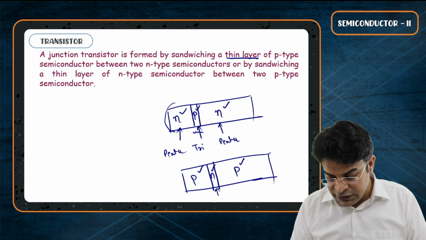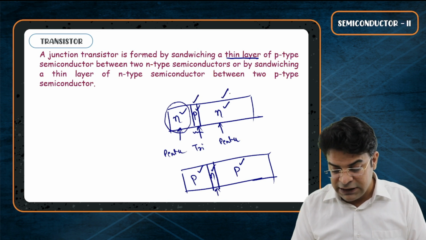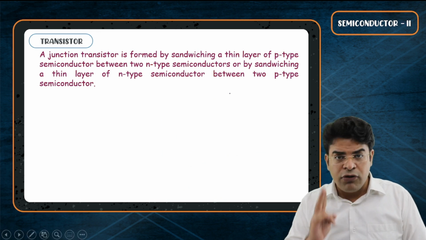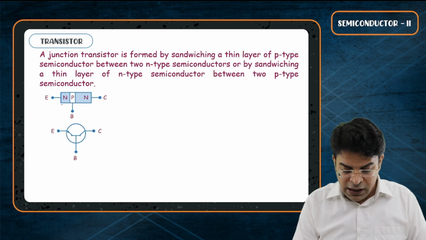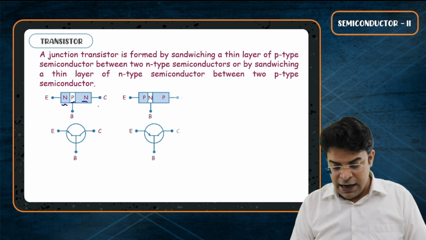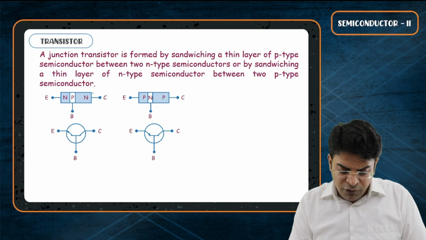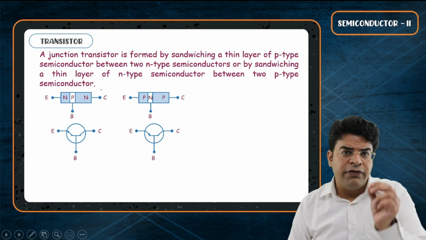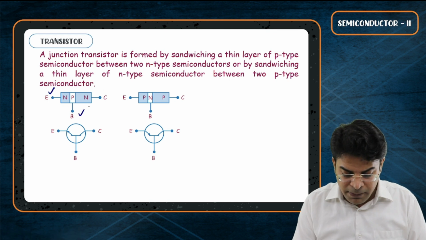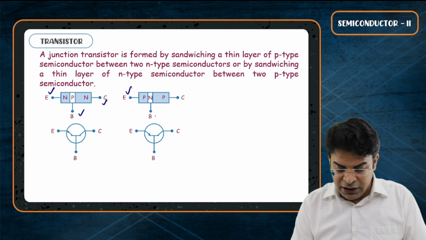We call this region the emitter, this the base, and this the collector. So we have got two types of transistors, NPN and PNP. For every transistor we define three regions: emitter, base, collector.